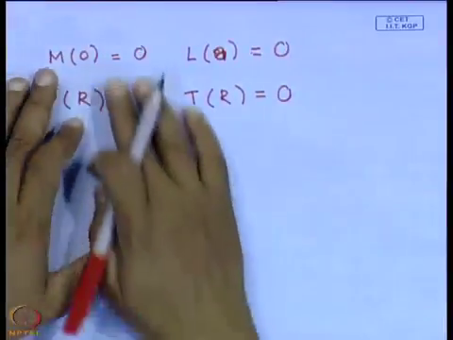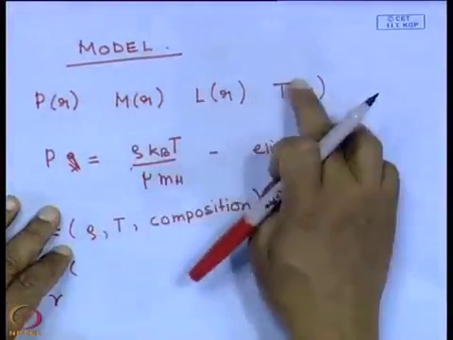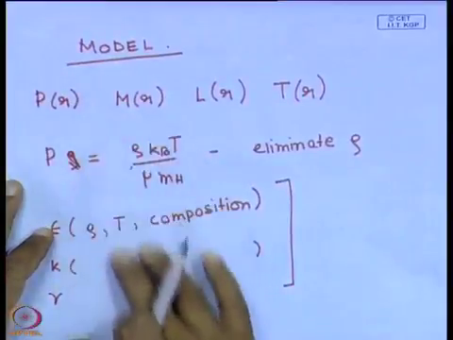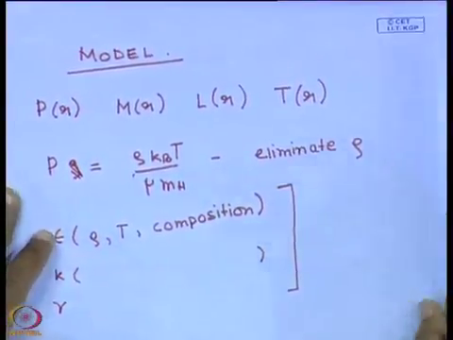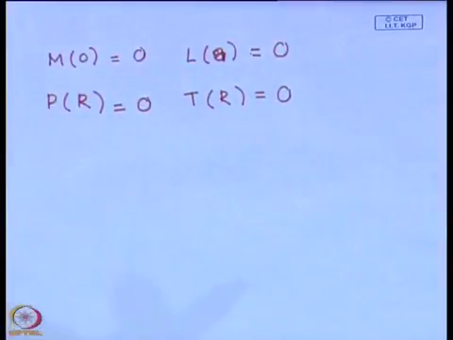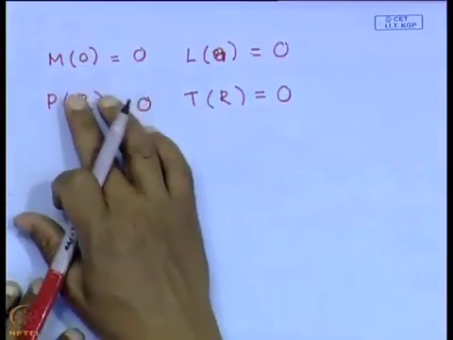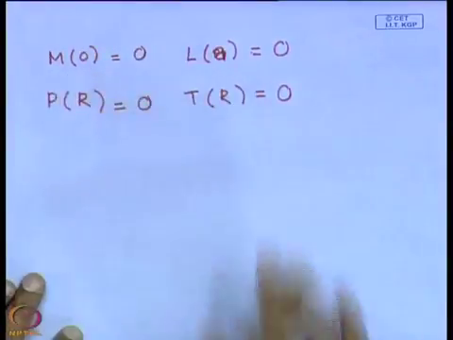One could put in these boundary conditions, and you have the 4 differential equations in addition to these conditions. Now, what one could do is say that I know the mass at the origin is 0. I know all of these boundary conditions.